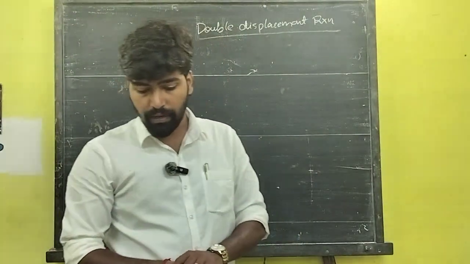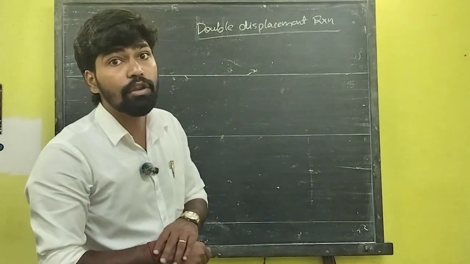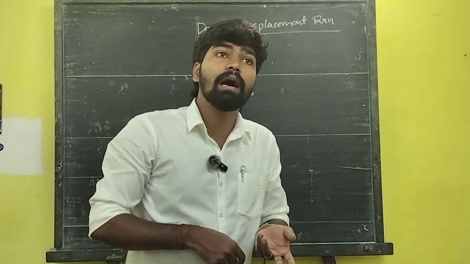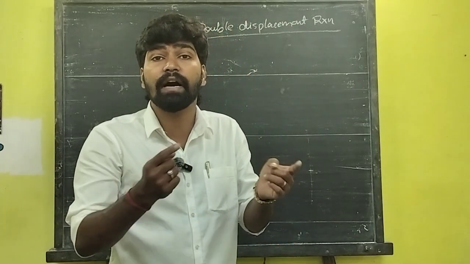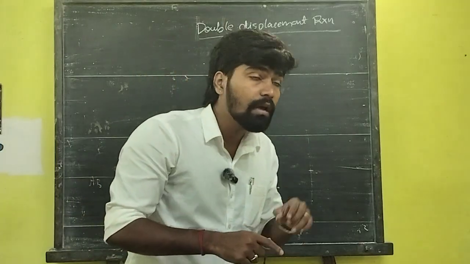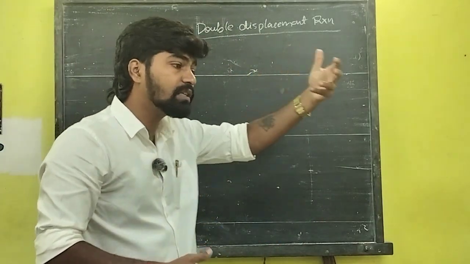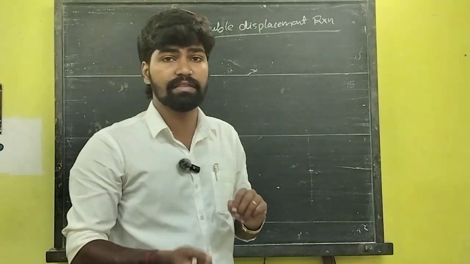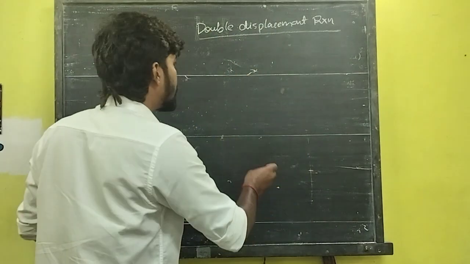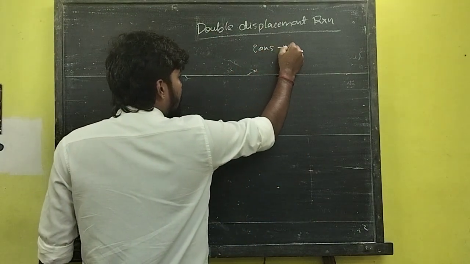Now remember, a double displacement reaction is a reaction in which new compounds are formed by displacement or exchange of ions. What I'm telling is, a reaction in which a new compound, that means a product, is formed by exchange of ions. You know ions, ions are nothing but charges.